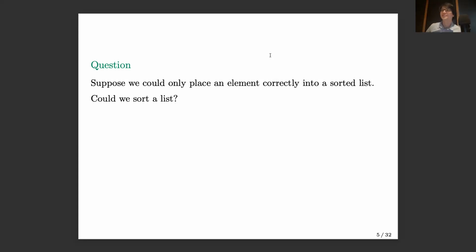You say no? No, I'm saying presume that. Presume we have a function that given an ordered list and a new element will return a new list which is sorted with that element in it. Not really.